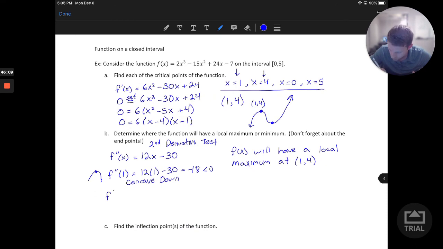If we do f double prime at 4, hopefully we see that this is going to be a positive value. So we have 12 times 4 minus 30. I think that's going to give us a positive 18 when we evaluate. That's greater than 0. So if our concavity at that point is greater than 0, that means we're concave up.